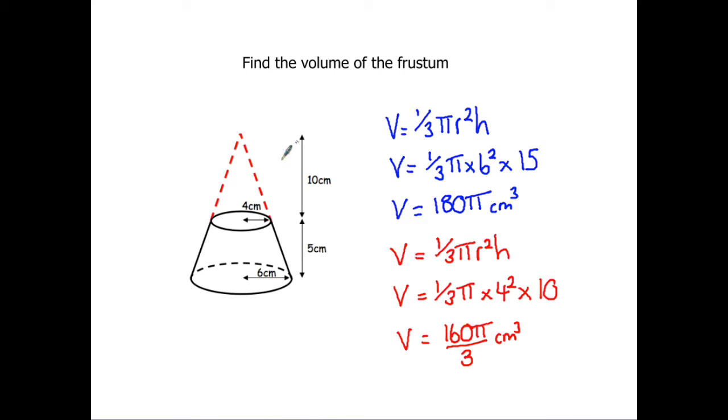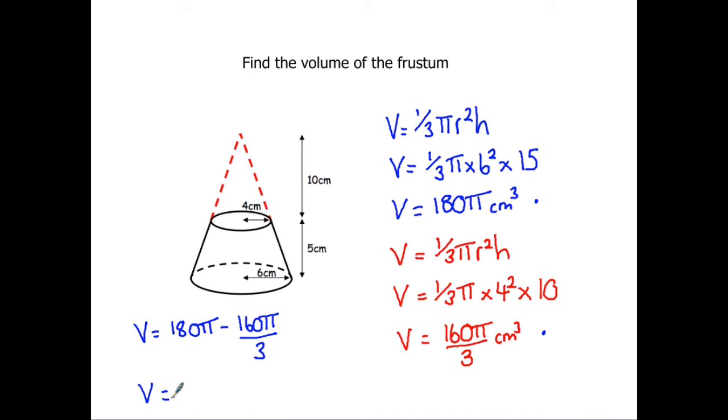So now if I want to find the volume of this part, obviously that's just going to be this value and subtract this value. And that will give me the volume of the bit that I want. So volume in total will be 180 pi minus 160 pi over 3. And that will give us our answer.